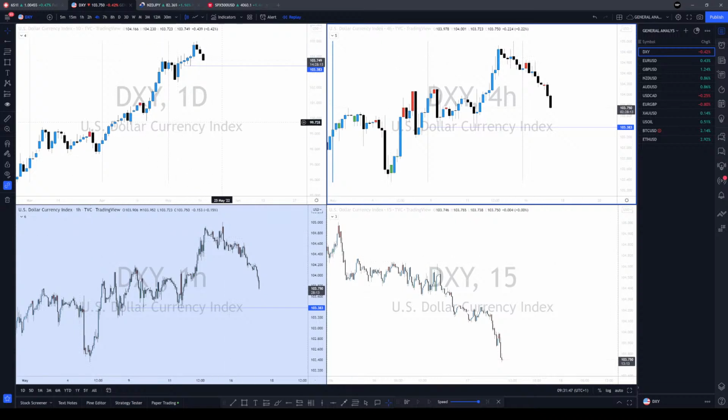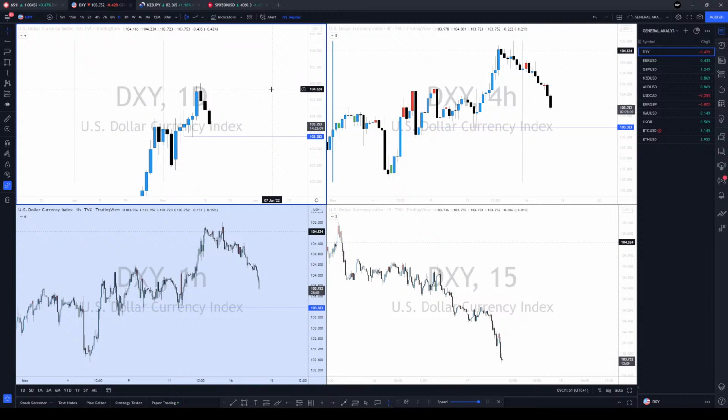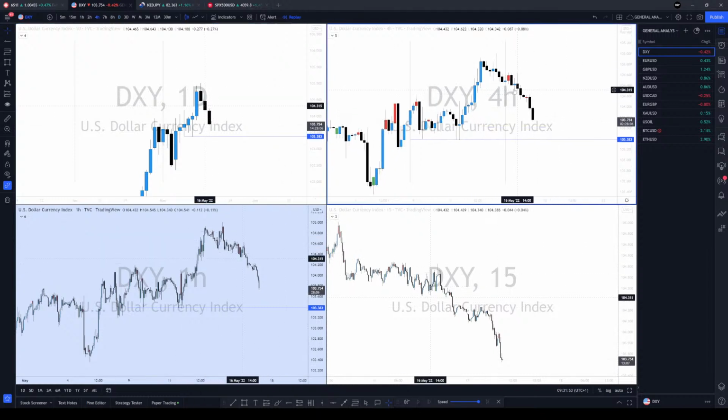We go again. All right, so we're starting with the dollar index, and we can see we're kind of retracing. Now, yesterday I was looking at this imbalance in here to see what they will do with that, within this one here, right?